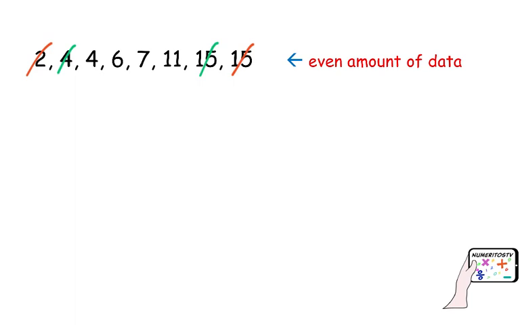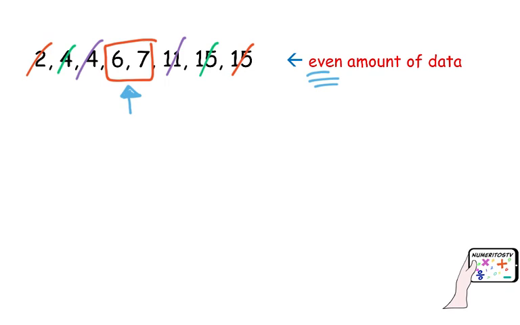If you have an even amount of data, you will have 2 numbers in the middle.